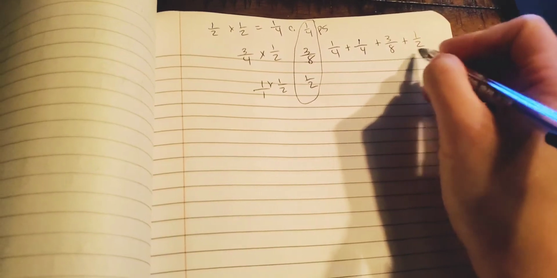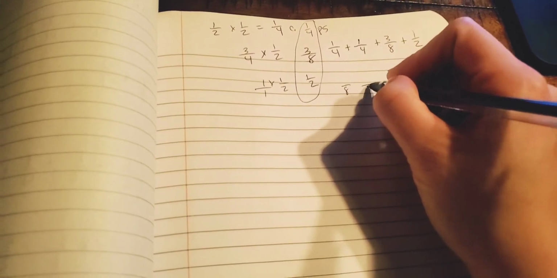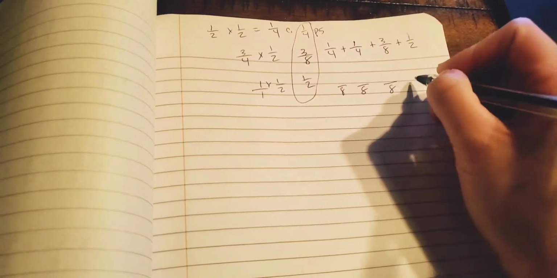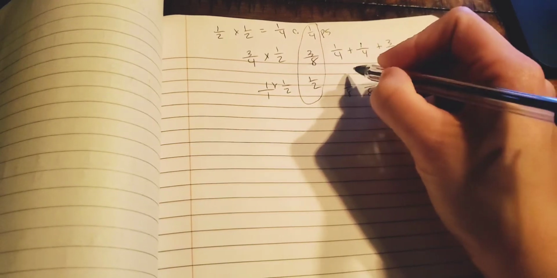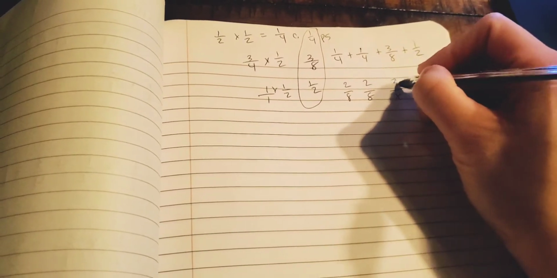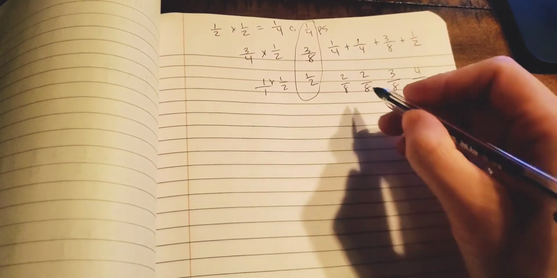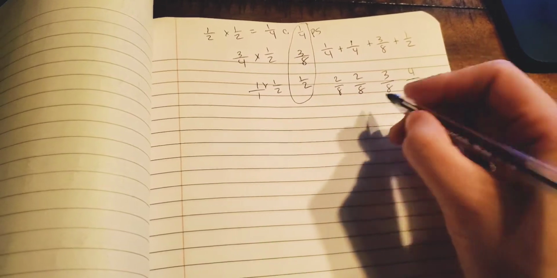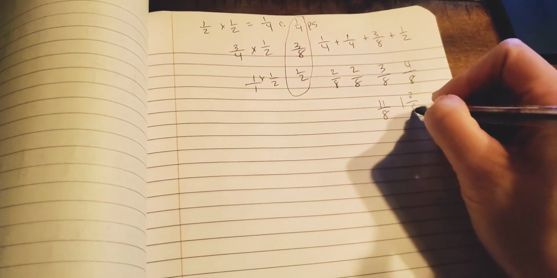Least common multiple here is 8. So that's going to be 2 8ths, 2 8ths, 3 8ths, and then 4 8ths, right? So now you got 4, 4 is 8, 11 over 8, and now you have 1 and 3/8.